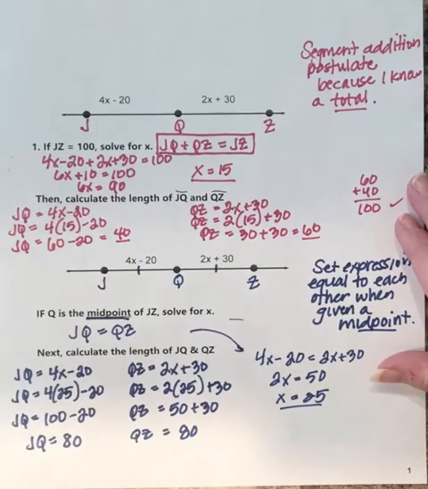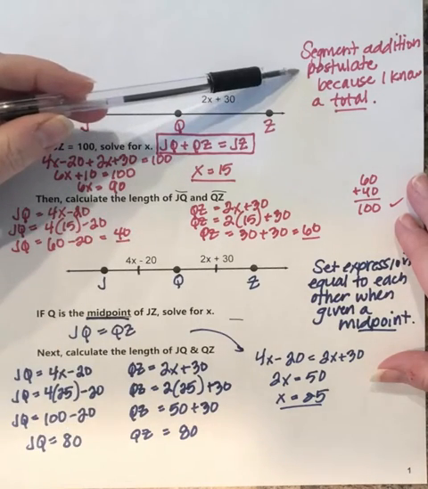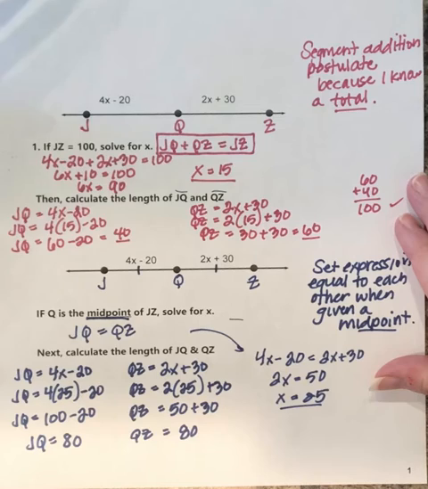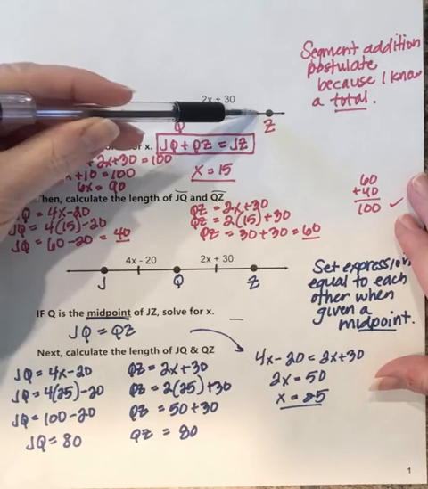So even though Q looks like it might be in the middle, since I'm given no markings on this figure, or I'm not given that I have a midpoint, I can't make that assumption no matter what it looks like. Since I'm given a total though, I'm going to be using the segment addition postulate. So I know, no matter what, that JQ plus QZ equals JZ.